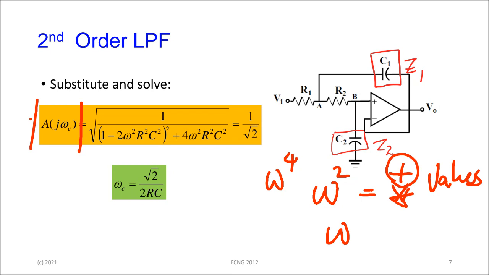Yeah? Everybody following that? Omega fourth is going to give you two sets of answers, two sets for omega squared, and out of that, you're going to take the positive value and then take the square root, and from that, you're going to get a plus or minus omega, and of course, it is the positive one that we need. Make sense?